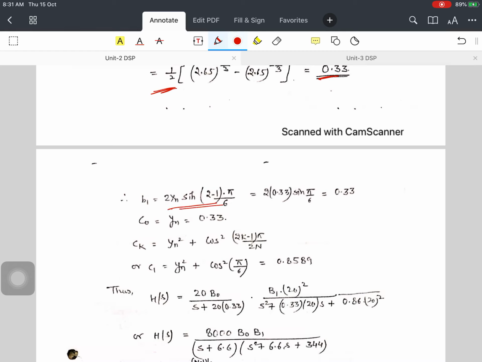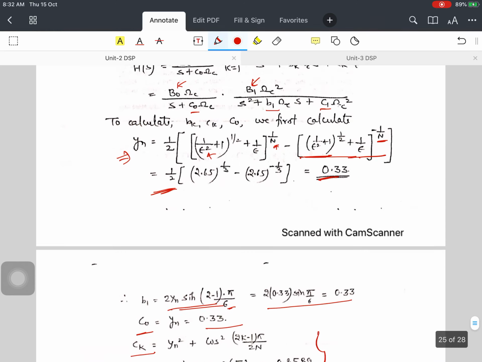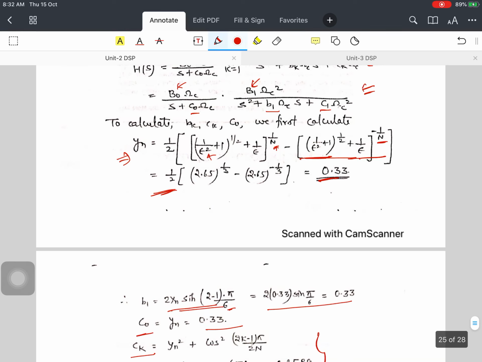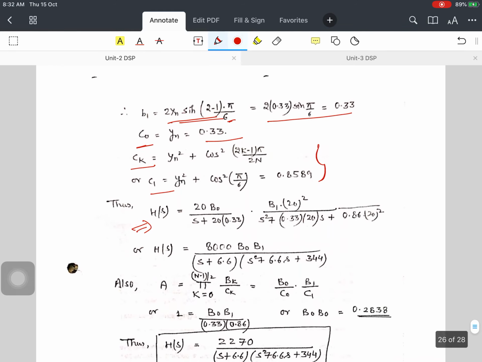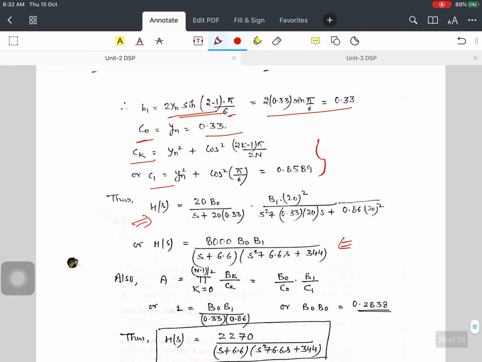We know the formula of b1, 2yn sin of (2k minus 1) into pi by 2n, so that is coming 0.3. We can calculate because y n equal to c naught, and we can calculate the ck, c1. We know the formula, so just put all these values in the equation whatever you have defined for H(s) after calculating all these values. In this way we can define this H(s).